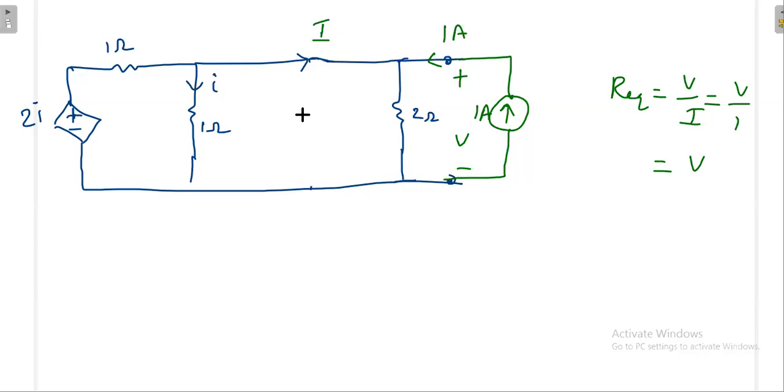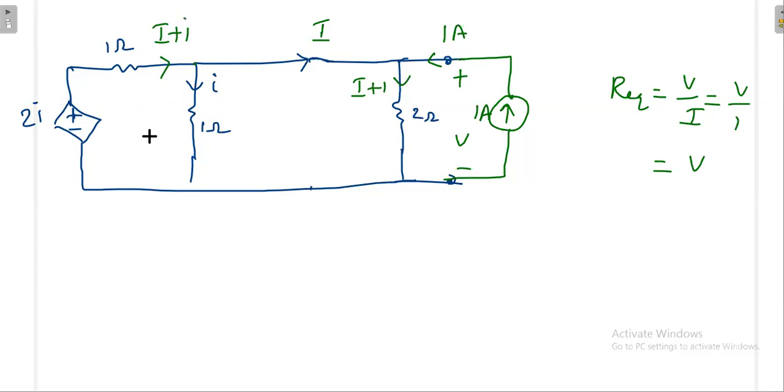If capital I current is coming here, capital I minus 1 current will flow. If I current is going this way and I current is going this way, then definitely I plus I current has to enter this node. Now we have two variables, so you take any two loops, then finally you'll get the answer.